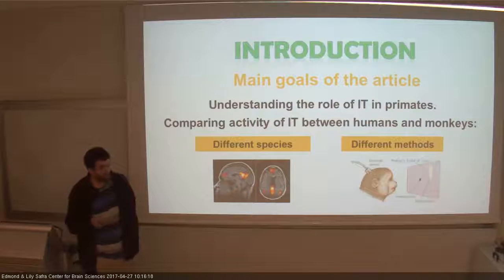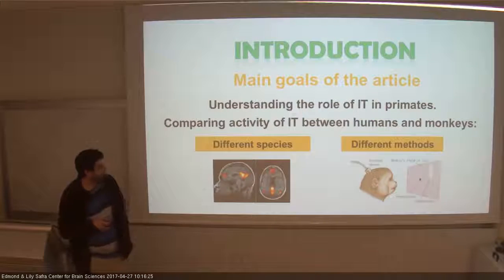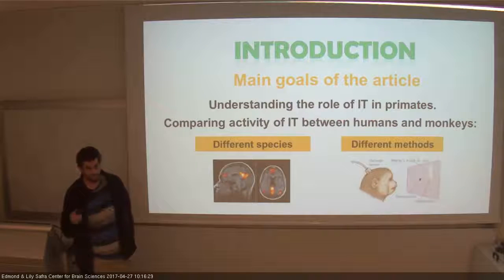So this article had two major points. The first one was to understand the role of the IT better, and the second one is to try to compare the activity of the IT in both humans and monkeys. Now, this is a very non-trivial comparison, as those are different species.